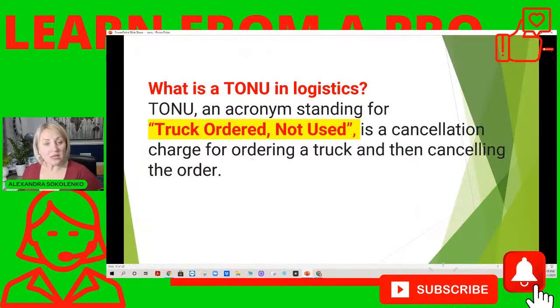Okay, what is TONU? Now most of you have to understand. TONU, this is abbreviation for what? Truck ordered but not used. So that means that you booked the load, but you did not receive the commodities because it was canceled, right?